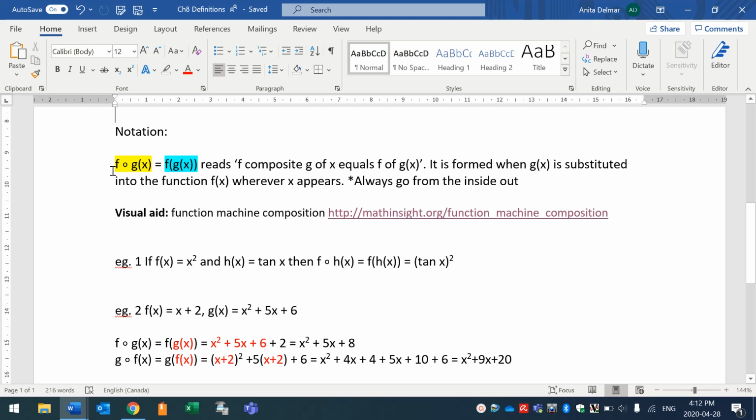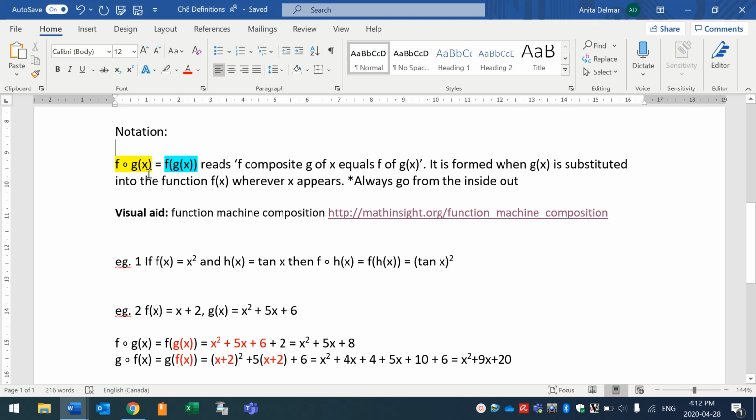This is the notation for composition of functions, f composite g of x, and it's a little circle in the middle between f and g. Little circle, not a dot, because dot product actually means something else in calculus next year, but a little open circle in the middle between f and g.